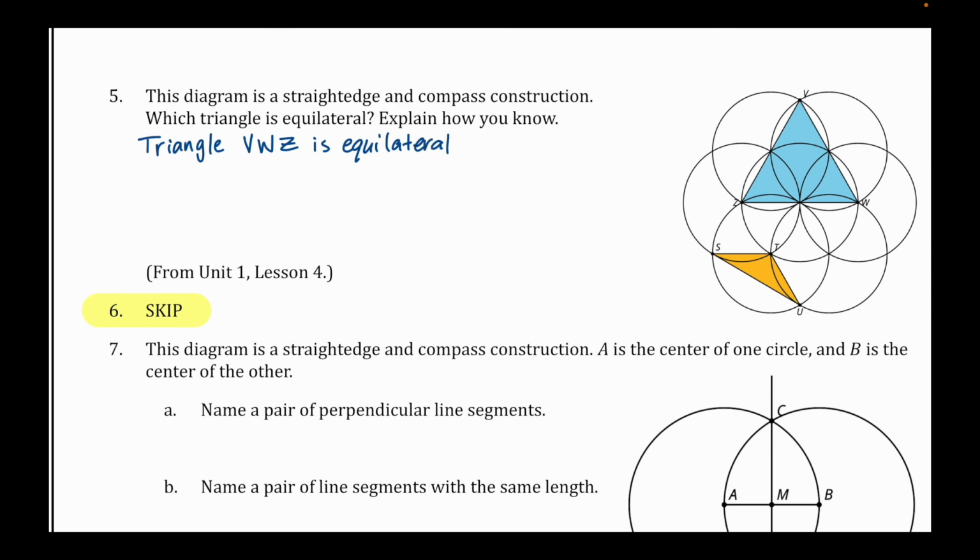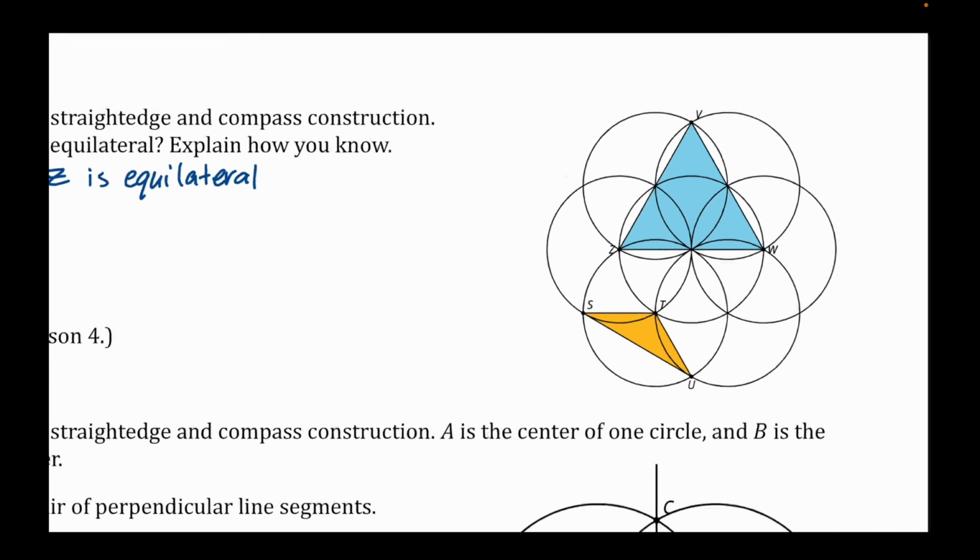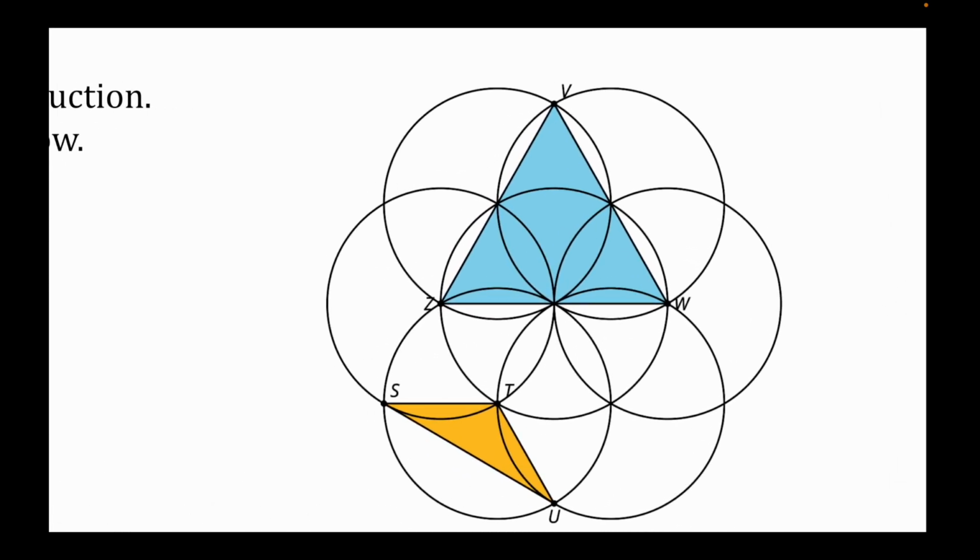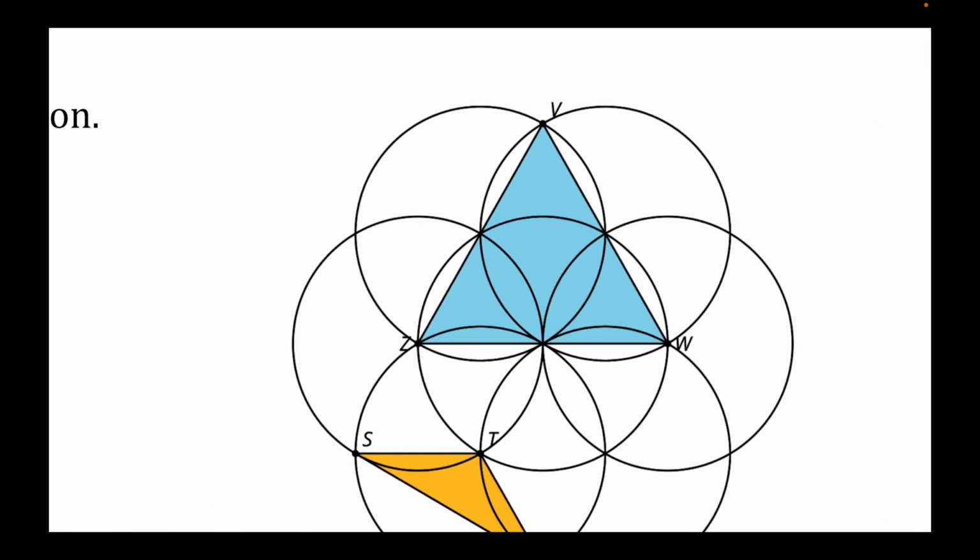Now, let's look at our diagram to discover why this is considered equilateral. These sides are composed of diameters. I was going to call them radii, but they're not radii.